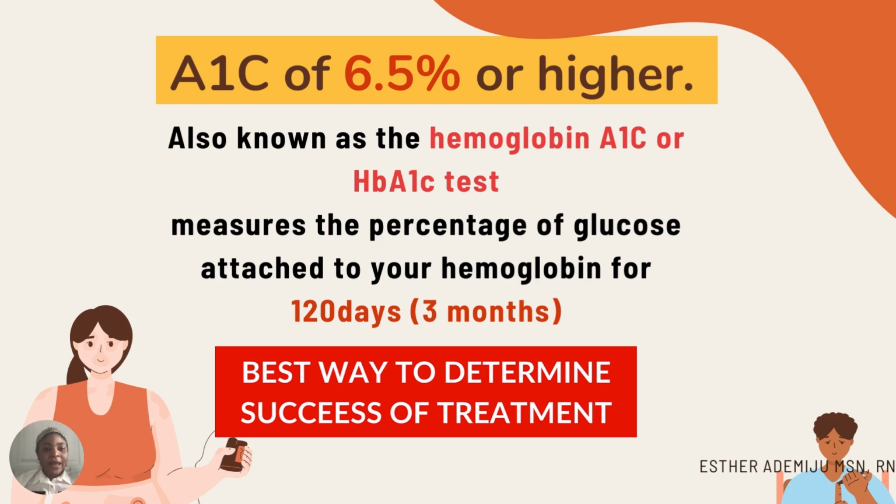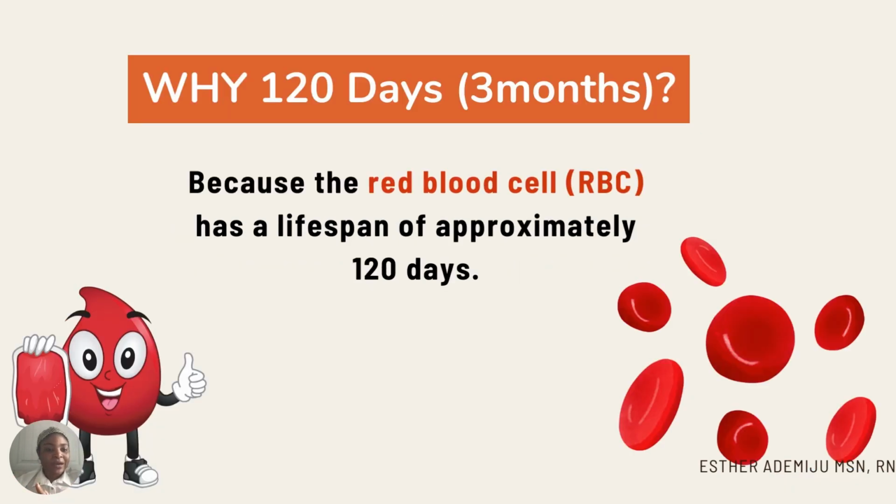All right. And this doesn't just help us to diagnose the patient at one time. This is the best way to continue to monitor a patient to make sure the treatment regimen we have for them is successful, is good, and that they are doing what they're supposed to do. If not, we might have to change their treatment. All right. So you might be asking, why 120 days?